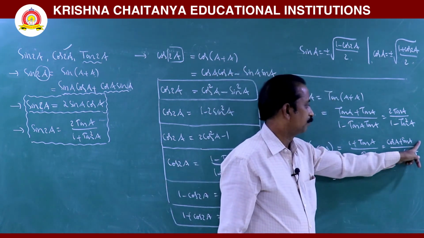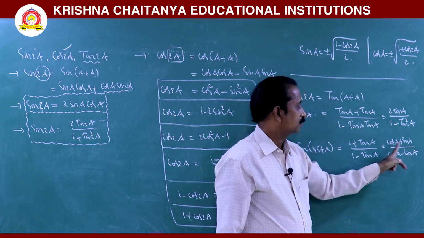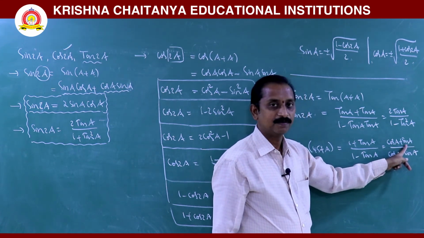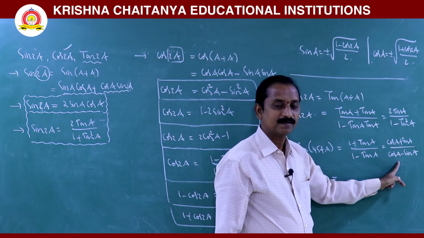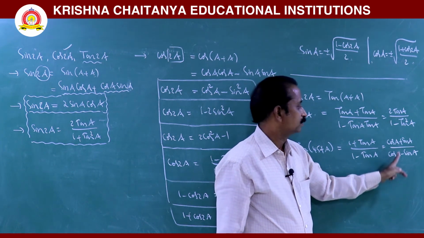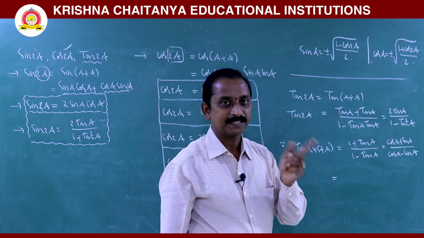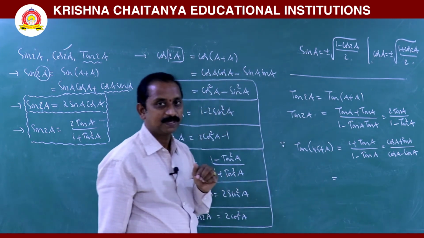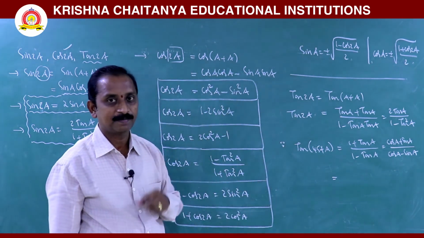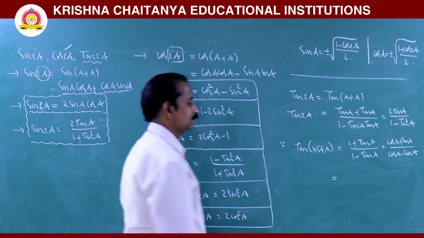We multiply both numerator and denominator by cos A plus sin A. So, it becomes cos A plus sin A whole square, but denominator cos A minus sin A into cos A plus sin A. So, cos A plus sin A whole square, A plus B whole square model, after expanding A square plus B square plus 2AB. A square plus B square means cos square A plus sin square A, that is 1, 2AB means 2 sin A cos A, sin 2A.